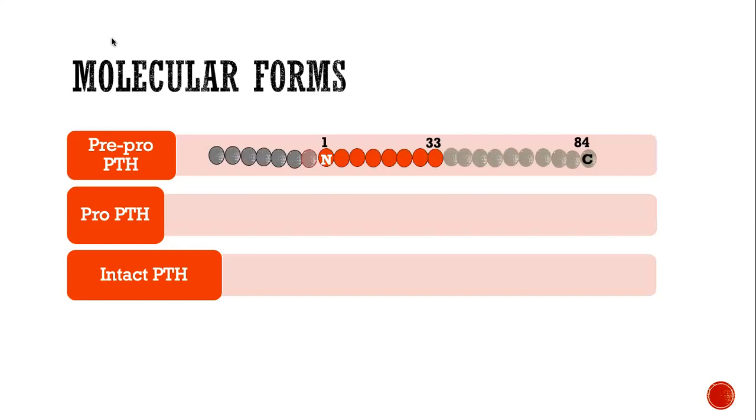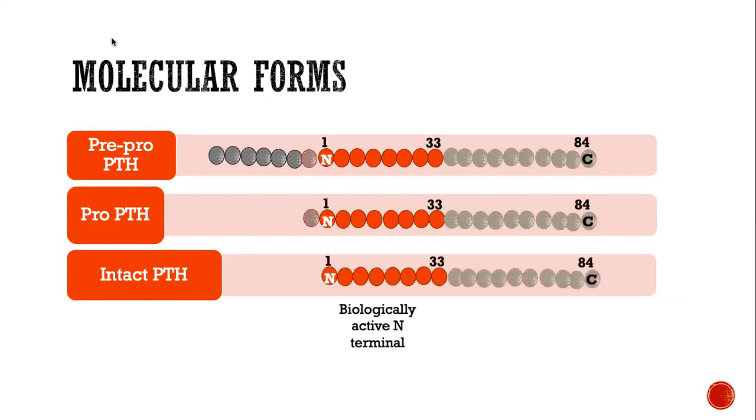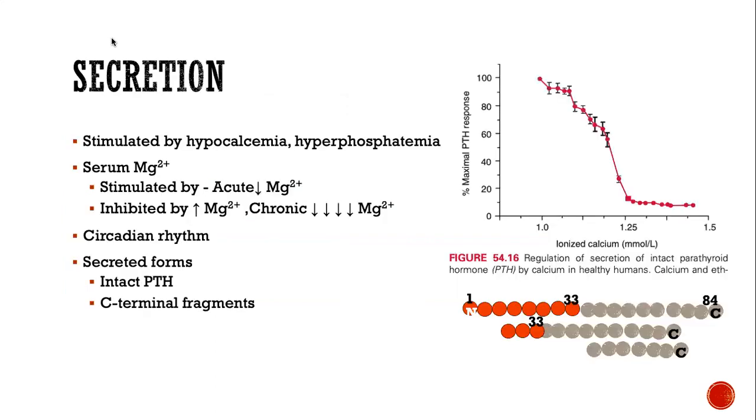The parathyroid hormone is initially synthesized as pre-pro-PTH, a polypeptide hormone with 115 amino acids. After cleavage and intracellular processing, the pro-PTH is formed, and the final product is intact PTH of 84 amino acids. Its N-terminal is the biologically active part of the protein.